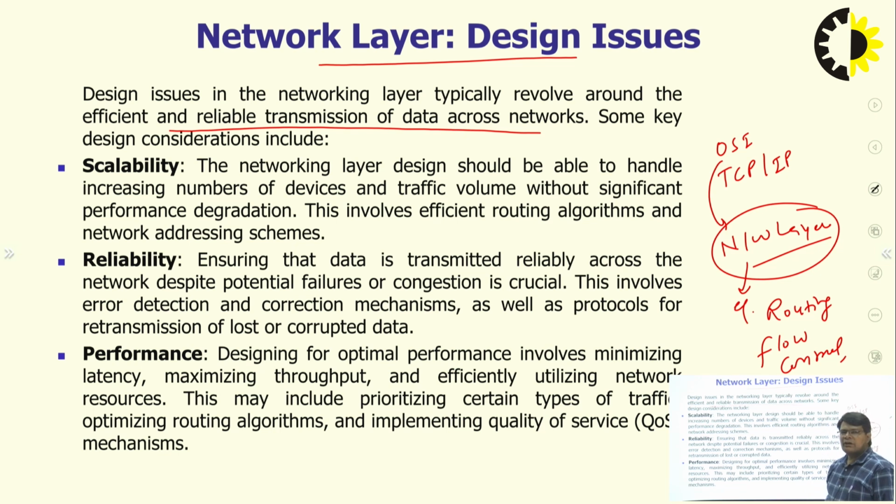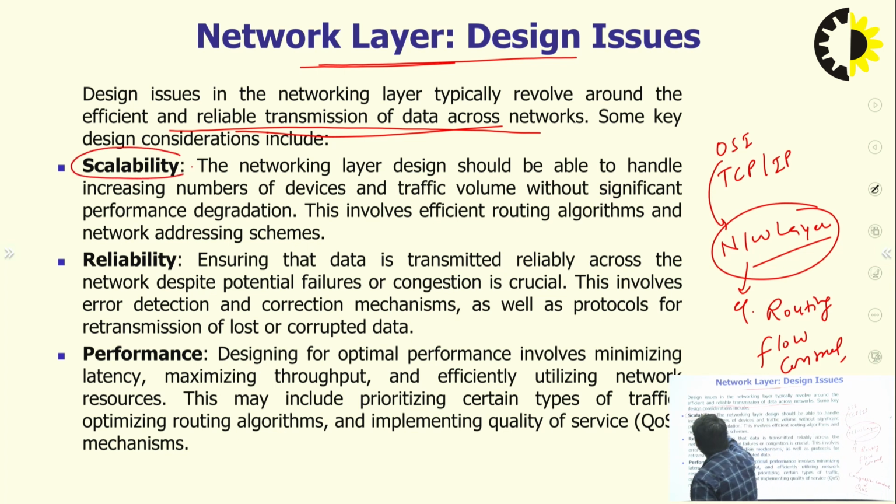So, what are the main design issues that must be taken care of for this network layer, so that our data communication network is efficient or best, or that can provide the efficient and reliable transmission of data across the network? The first design issue that must be taken care of is scalability. Scalability means when we increase the network scale from small network to a large network.